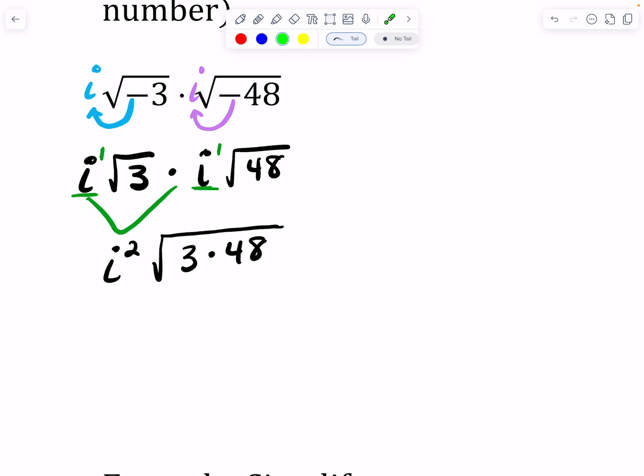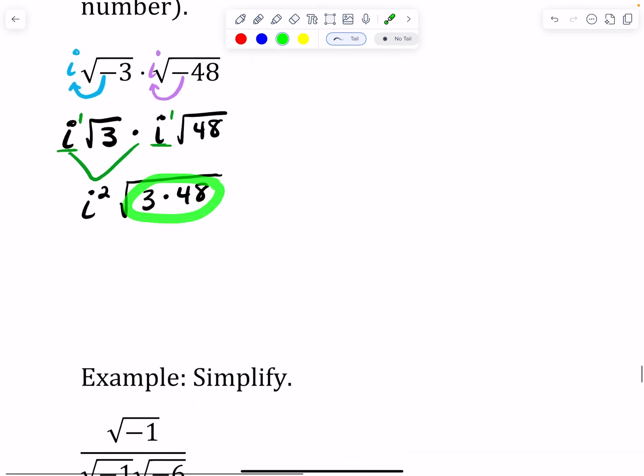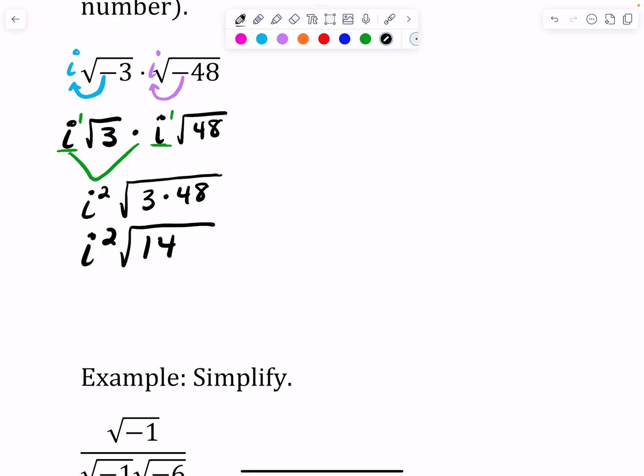Now, we could multiply this and then do the factor tree, or we could multiply it and see if it's a perfect square. So if we were to check that, we get 3 times 48 is 144, and 144 is a perfect square.